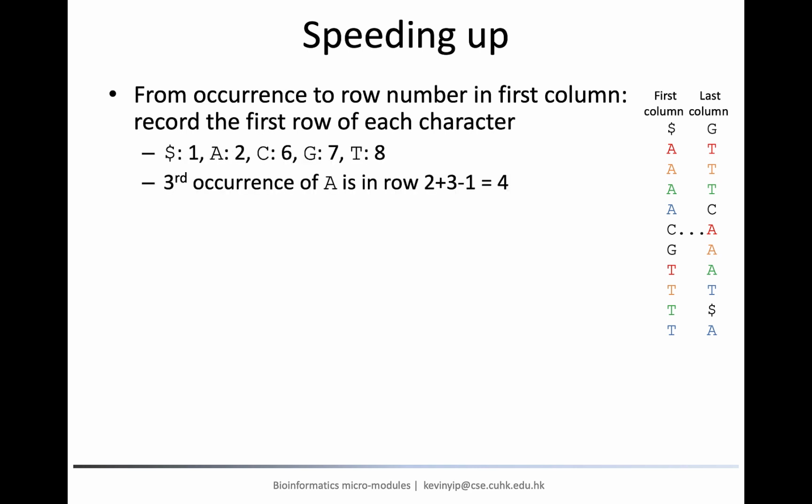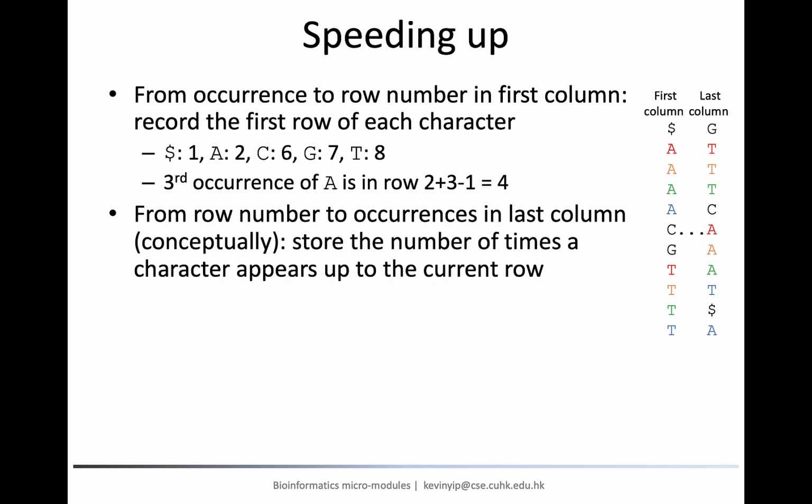In our example, the first occurrence of $ is in row 1, the first occurrence of A is in row 2, C in row 6, G in row 7, and T in row 8. Now, if we want to find out the row that the third occurrence of A occupies, we only need to find out the third row starting from 2, which means 2 plus 3 minus 1. That is row 4.